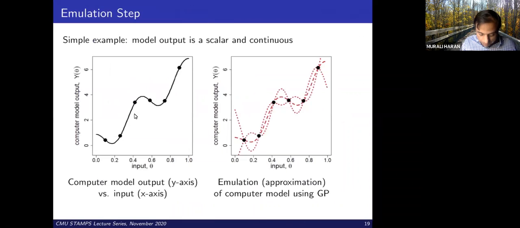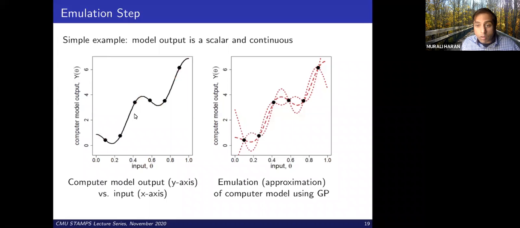Here's a toy example, where the model output is a scalar and continuous, and these are the values that you observe. The black curve is the true model, but we only get to observe it where the black dots are, and the Gaussian process interpolates, along with uncertainties right here.